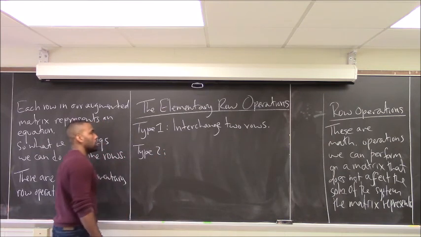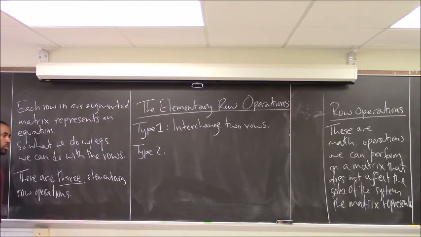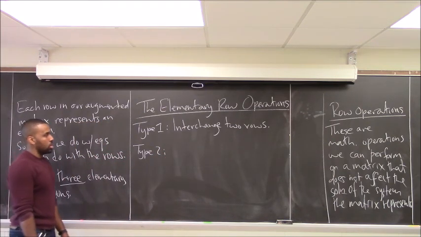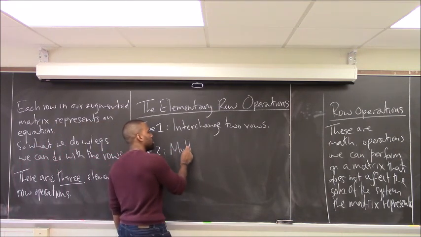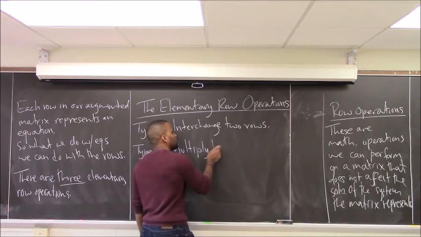Type 2. One thing we can do with an equation that will not affect how the solution is going to behave is we can multiply both sides of that equation by the same non-zero number.